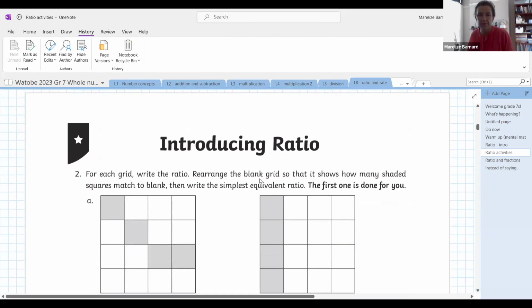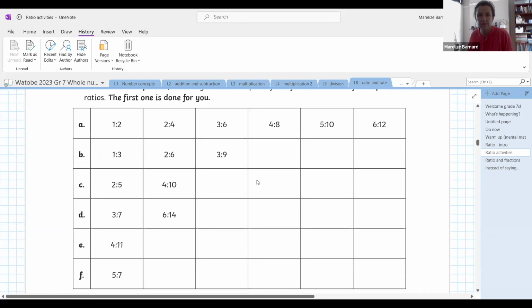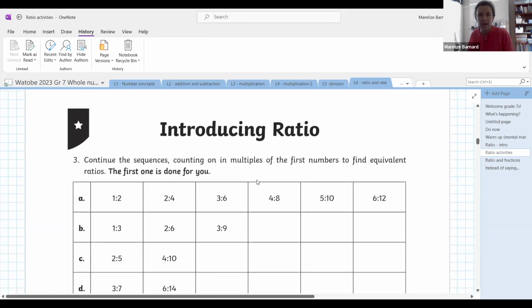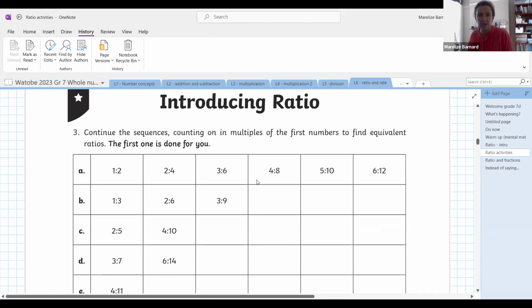Wonderful. Okay. I'm just going to skip ahead a little bit, and let's do some equivalent ratios. So what we've got here is 1 to 2. That is the same as saying 2 to 4. How did we get that? We said we can multiply by 2 each time. So if we multiply by 2, we get 2 to 4.